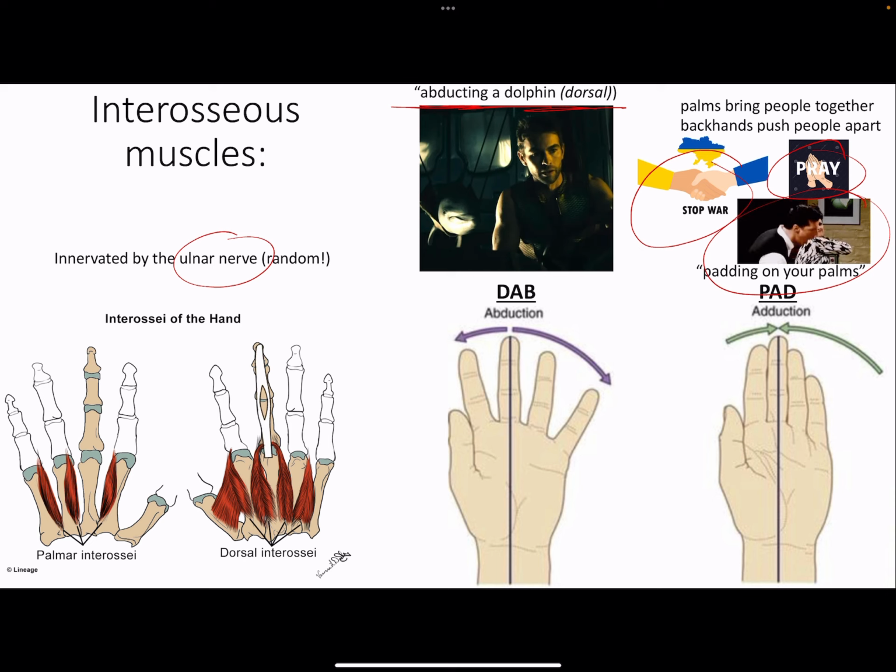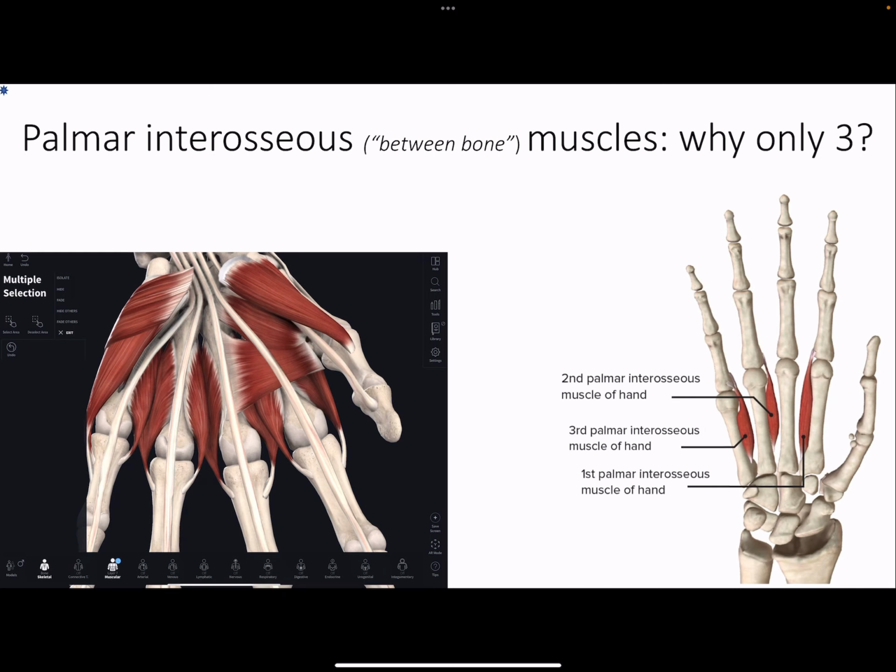So palms bring together, they adduct, and backhands, the dorsal, is going to abduct, bring them apart. And then most people just go by DAB, dorsal abduction, palmar adduction. So take whichever one of those or trash all of them. Just make sure you know which side abducts and which one adducts.